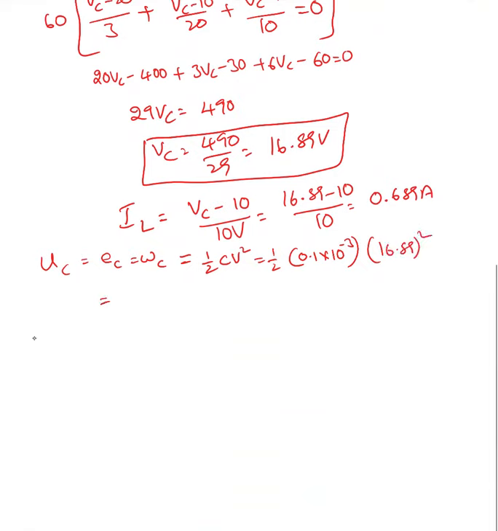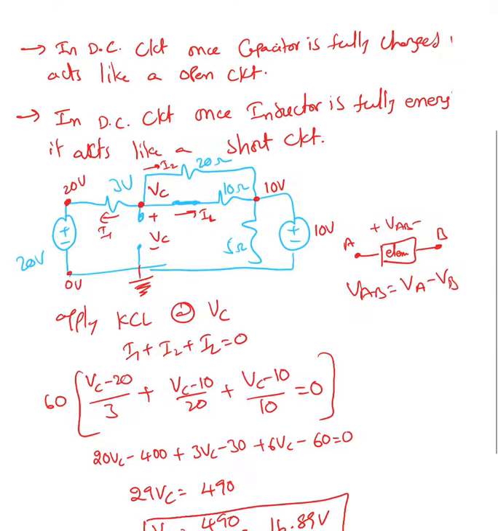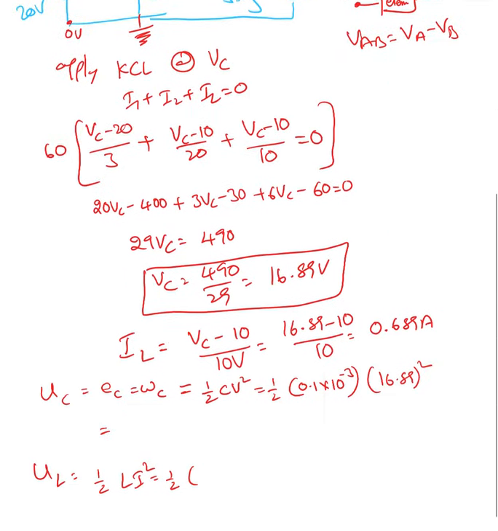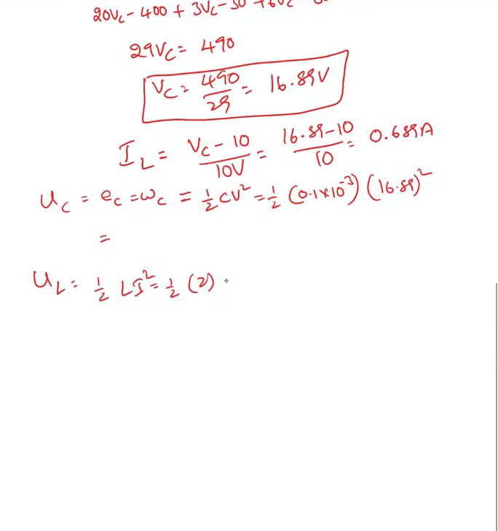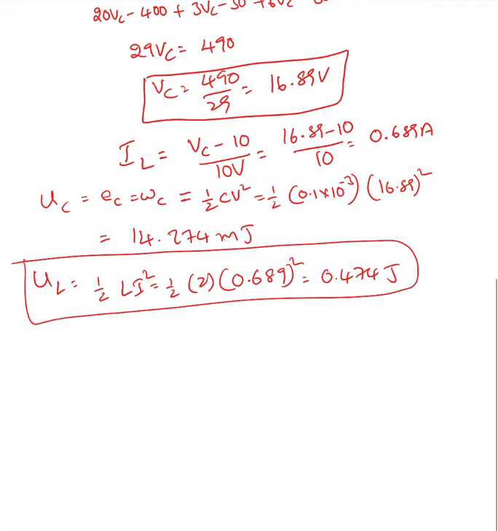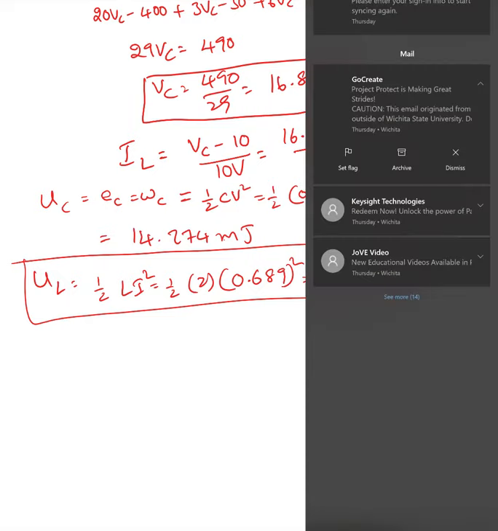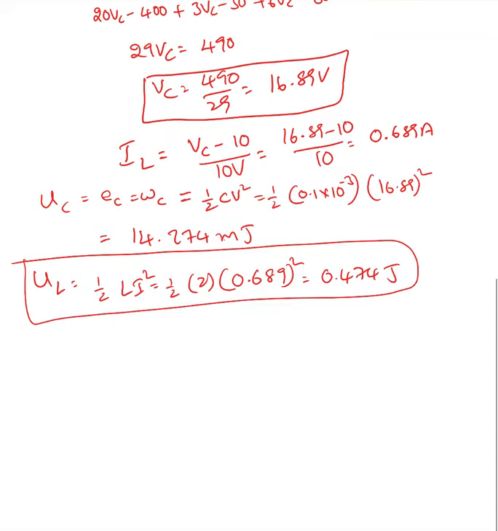At the same time, the energy stored in the inductor, UL, equals half Li squared, with the given inductance of 2 henry, times 0.689 squared. So the energy stored in the inductor is 0.474 joules, and the energy stored in the capacitor is 14.274 millijoules.